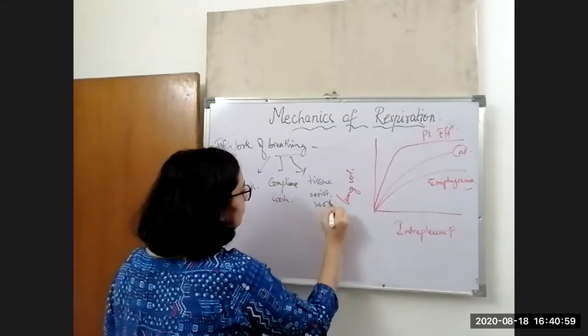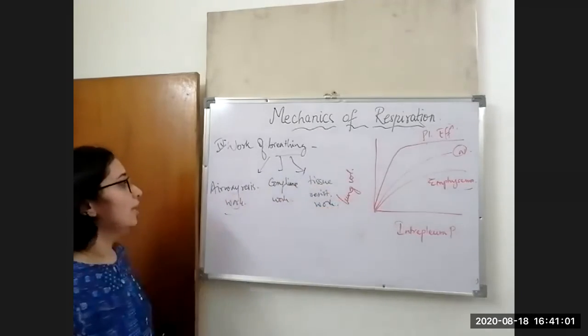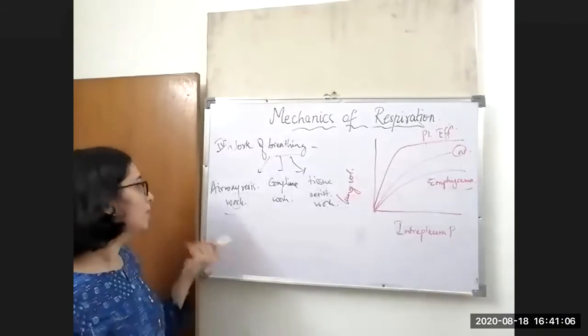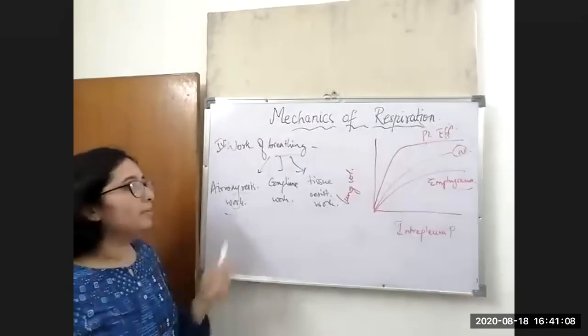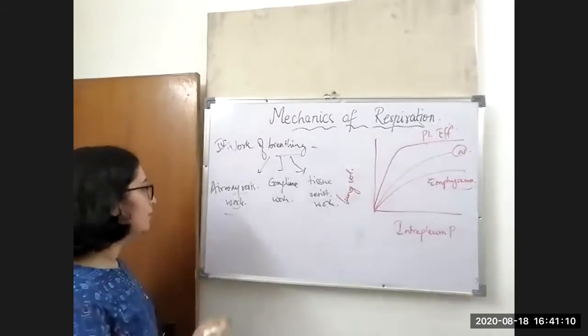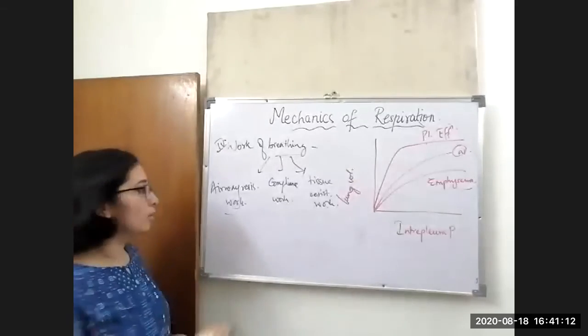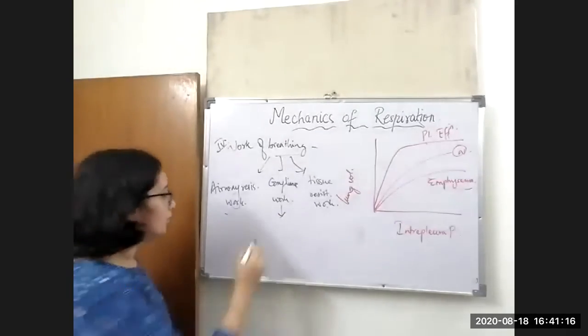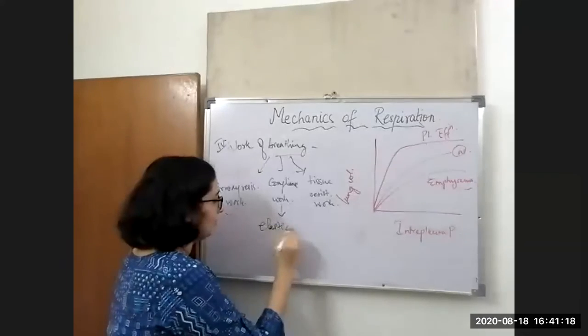Okay. So what is airway resistance? It is nothing but the resistance offered by our airway or the respiratory tract. So to overcome that, our respiratory muscles have to do some work, and that is your airway resistance work. What is compliance work? As we know, compliance work is due to the elastic property of the lungs.